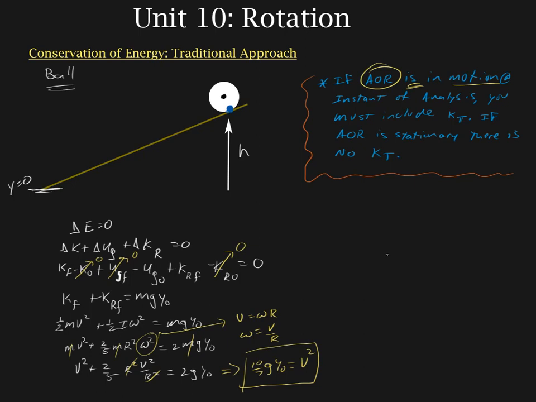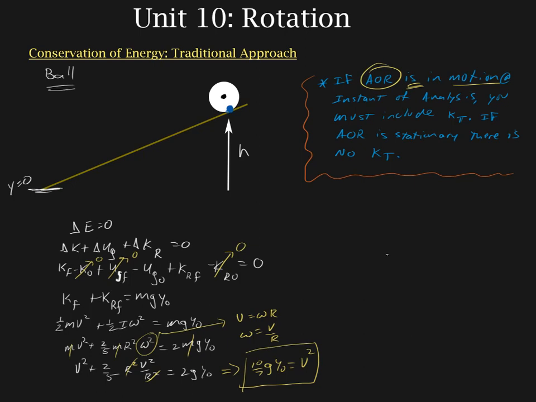And I said in that video that we had multiple approaches to solving for the speed of the ball as it rolls down the ramp, and that the energy approach is usually what most people would go for in any problem because it doesn't involve vectors, and so it's generally a much easier problem to solve, provided you're solving for something that energy can give you.